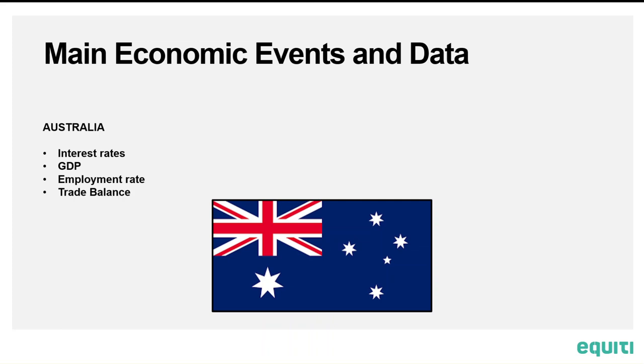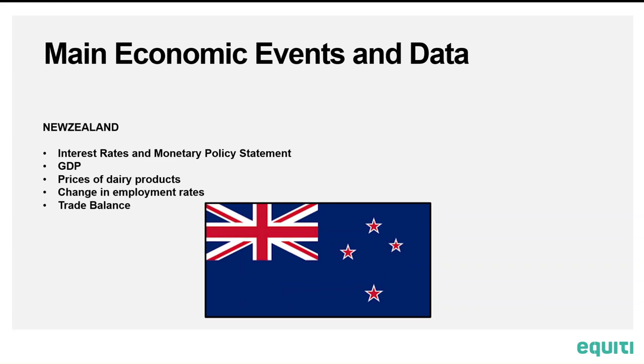Australia interest rates, GDP, employment rate, and trade balance are also key indicators. New Zealand as well, in addition to prices of dairy products, which will also affect the price of the kiwi pair, or their stock market.